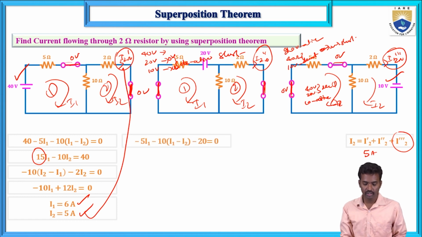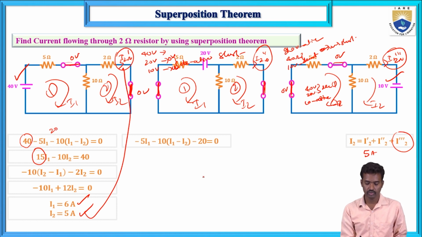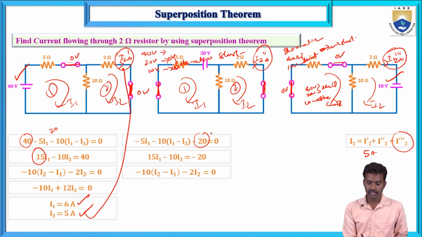In the same way, here the 40 volt source is 0 and only 20 volts is active. So minus 5 I1 minus 10 (I1 minus I2) minus 20 equals 0, which gives 15 I1 minus 10 I2 equals 20. The second equation is minus 10 (I2 minus I1) minus 2 I2 equals 0, the same equation as before: minus 10 I1 plus 12 I2 equals 0.